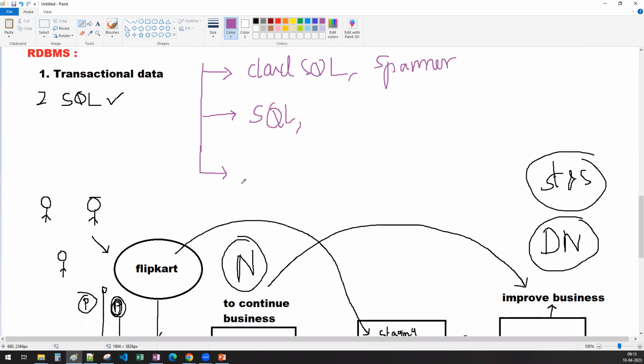If you go to AWS, you will have RDS, Relational Database Service. On-premises, you will have MySQL, PostgreSQL, DB2, or Oracle. So these are the tools that are there for each and every solution. Hope you got some idea, guys.